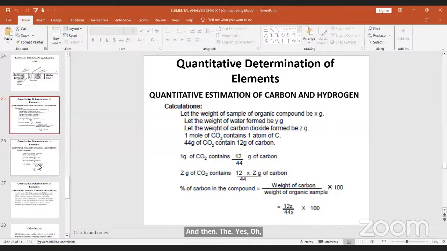So that will give you 12/44 times Z. Then, if you want to relate it to the mass of the compound that you have, it will now be 12/44 times 24, in this case. So if I do 12/44 times 24, that will give me the mass of carbon that is contained in my sample.